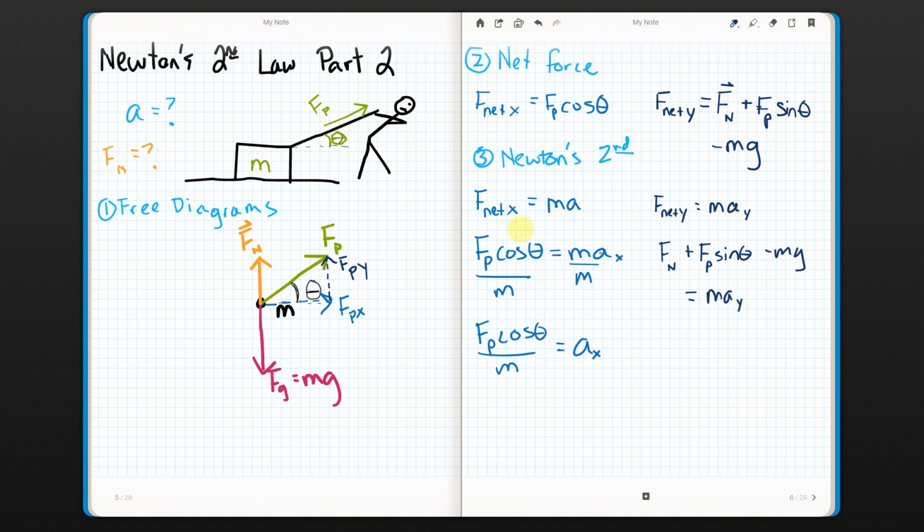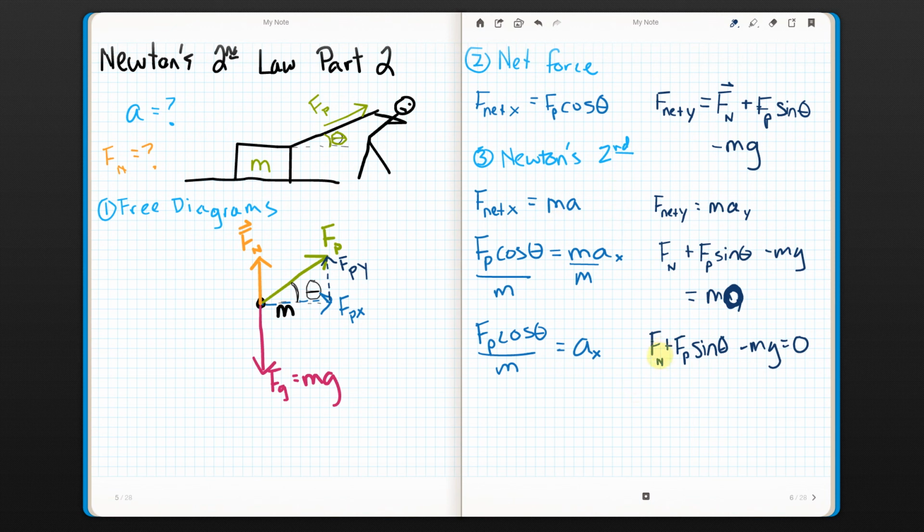Now here's the thing. If this box is on the floor, and I stipulate that the box remains on the floor, that means that the box does not accelerate in the y direction, because it stays stationary in the y direction, therefore the motion does not change, therefore acceleration in the y direction is 0. So I can make this 0 right here. What I end up getting is the normal force plus Fp sine theta minus mg equals 0.